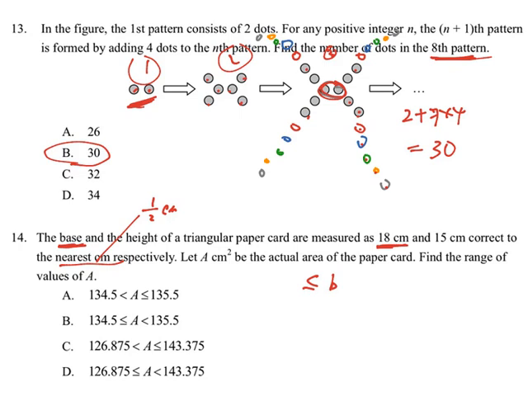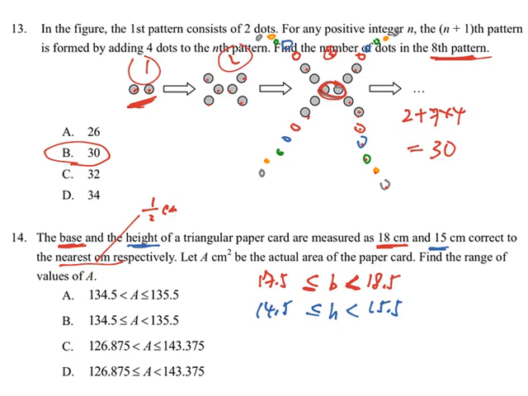So 18 minus 0.5, 17.5, and then 18.5. Remember, this one with equal, this one without equal. And then for the height is 15, so 15 minus 0.5, 14.5, 15.5.